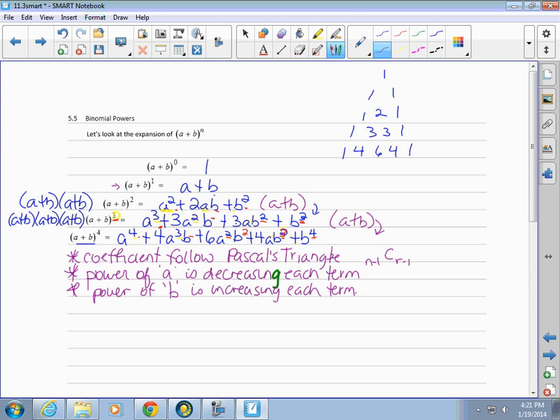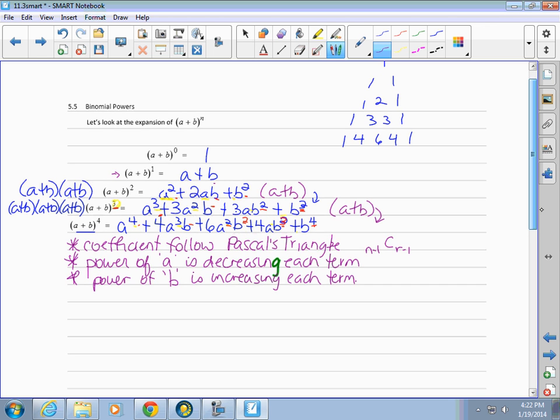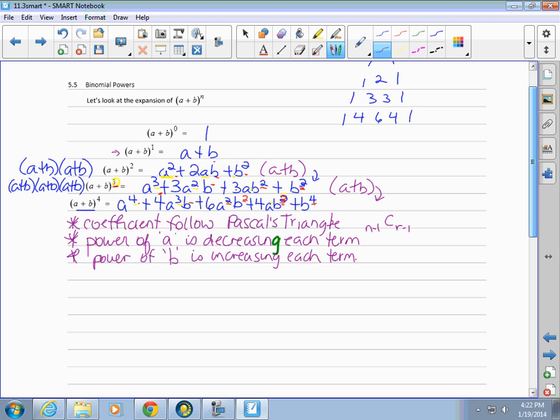Okay, and my coefficients are following that Pascal's triangle. So my coefficients then are following a pattern of this. So this is for the coefficients.